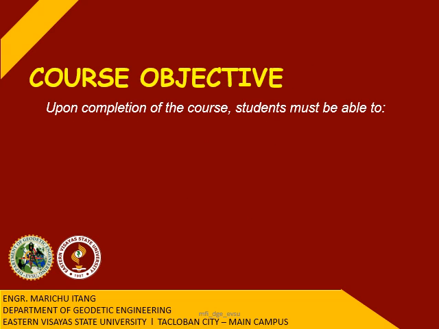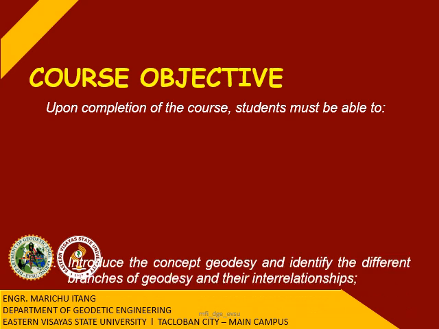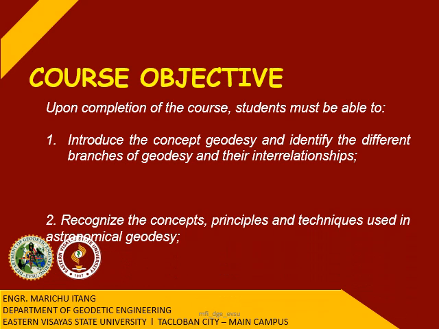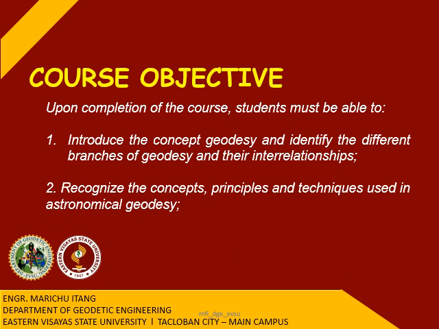For the course objective, upon the completion of this course, students must be able to, number one, introduce the concept of geodesy and identify the different branches of geodesy and their interrelationship. So that will be your first objective. Second, recognize the concept, principles, and techniques used in astronomical geodesy.